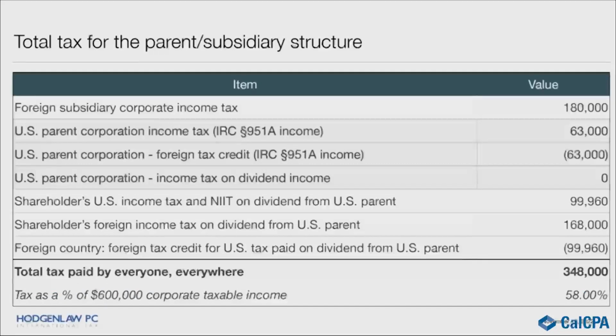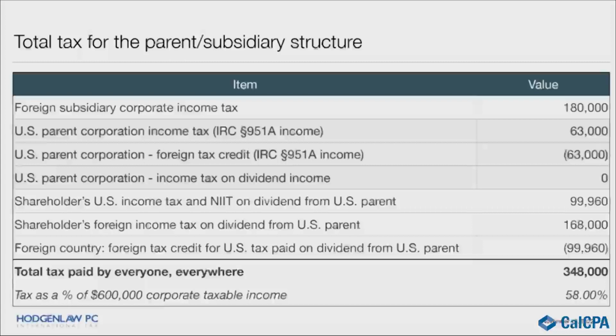In the parent substructure, we've got some good stuff happening. And what you see at the end of it is what you would expect if you knew about foreign tax credit generally: the principle of Section 904, that in general, when somebody is entitled to a foreign tax credit, your total worldwide tax liability is going to be the tax rate of the country where the tax rate is higher.